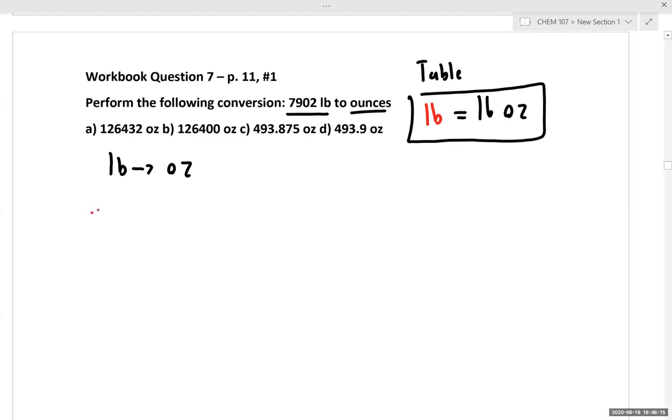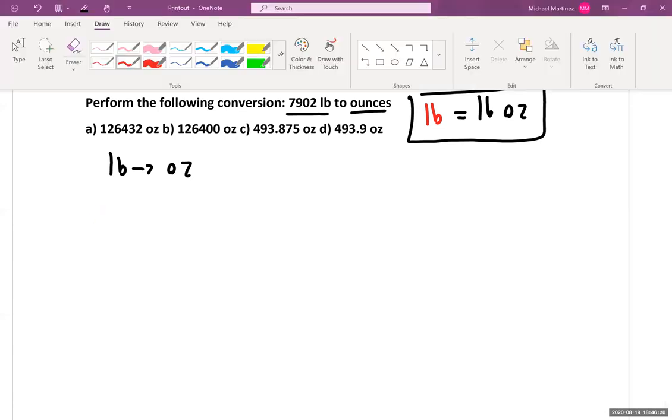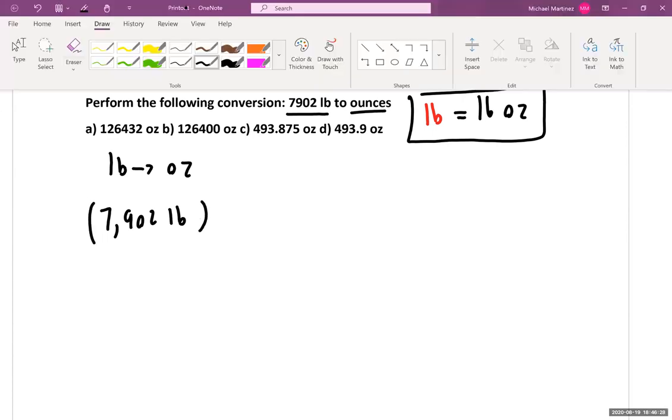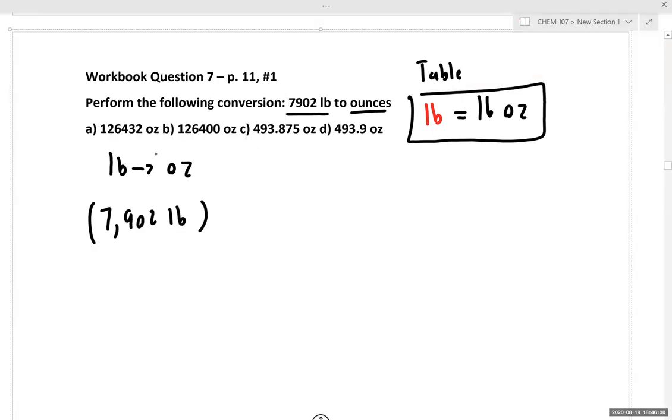conversion. So we're starting off with 7,902 pounds, and we're trying to go from pounds to ounces. So then, what units do we need to place on top?